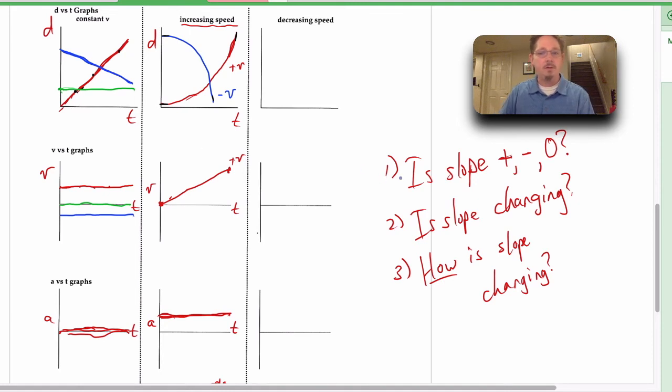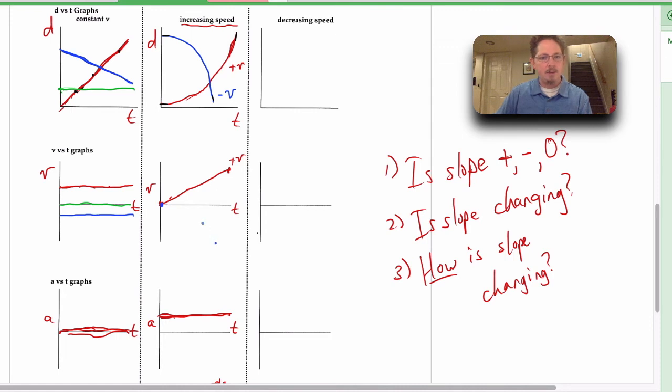Slope starts off flat. Oh, well, is the slope positive, negative, or zero? It's negative. How is it changing? It's going from a flat, in other words, a zero spot, to a steeply negative. It's the opposite of what we saw on our previous one. And in fact, I'll try to match up my point in time here.